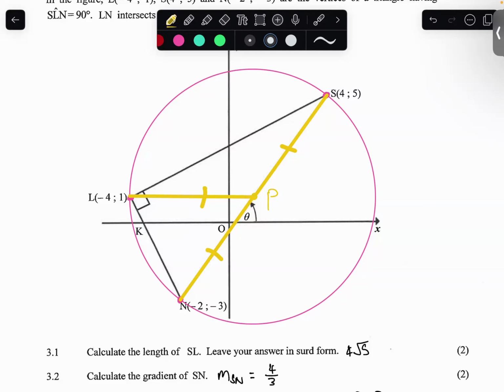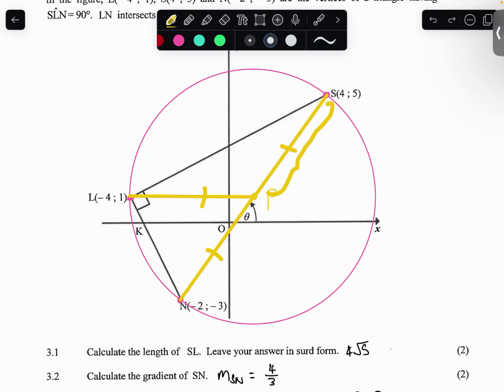Then the only way that that P, or that set of coordinates, will be equidistant from those points is if that set of coordinates for P is the center of the circle. Because then it would be radii. That's the only way they would be equidistant. Okay, so I hope that made sense.